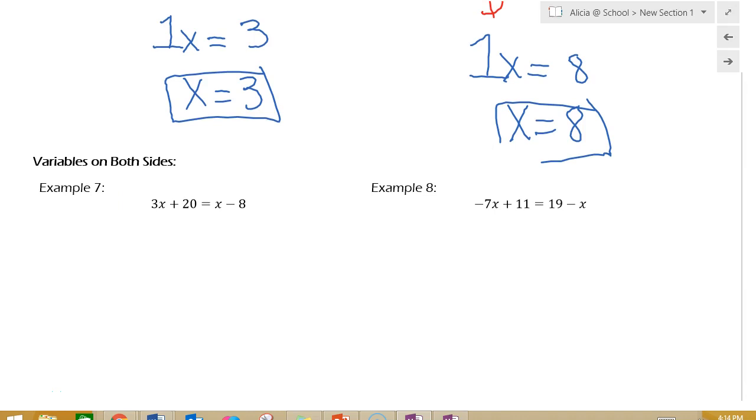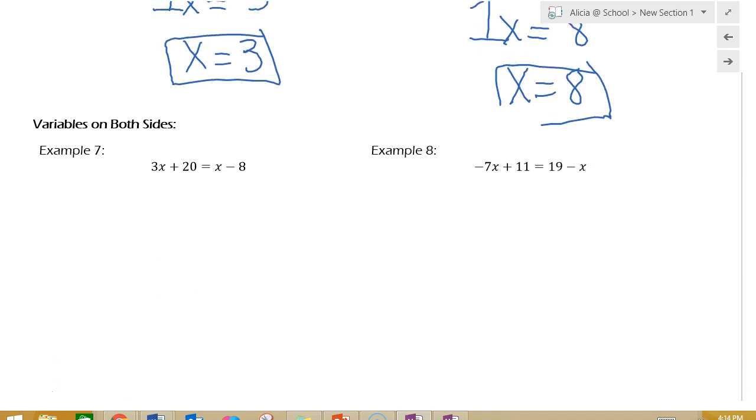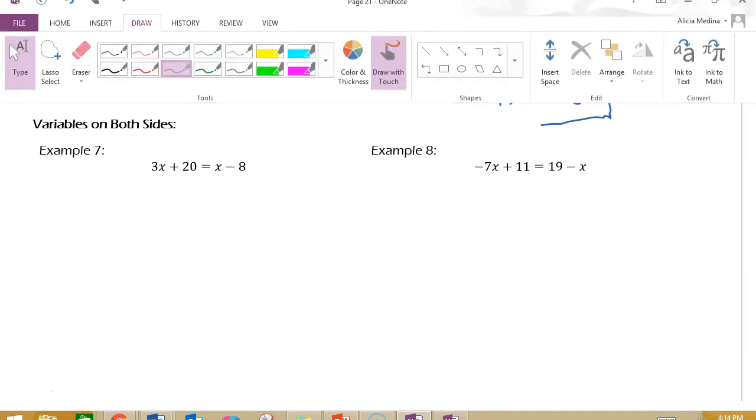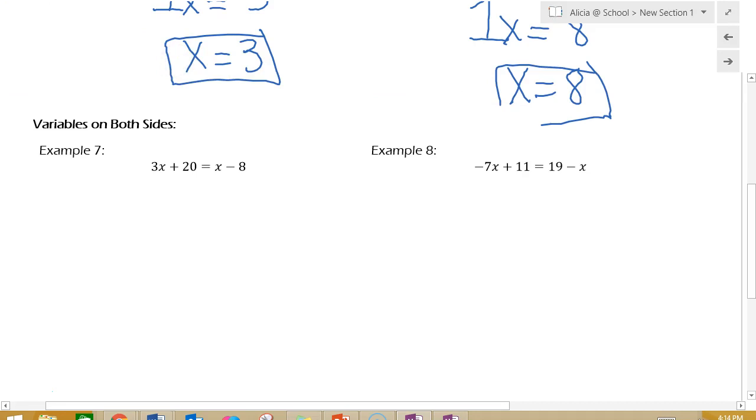The last two examples are whenever you have a variable on both sides. The one thing to remember before you even get started is to bring all your variables to one side.